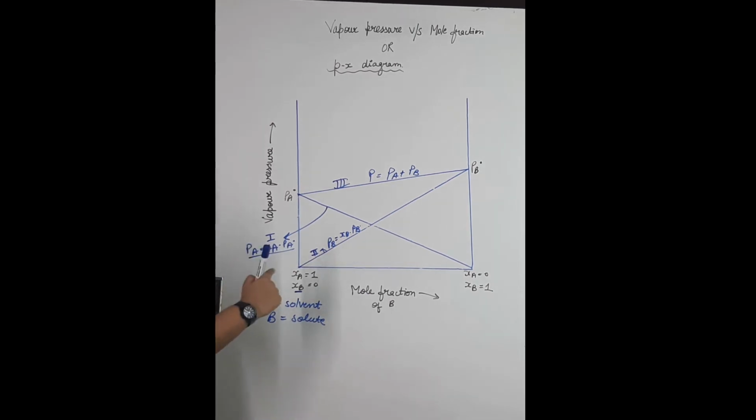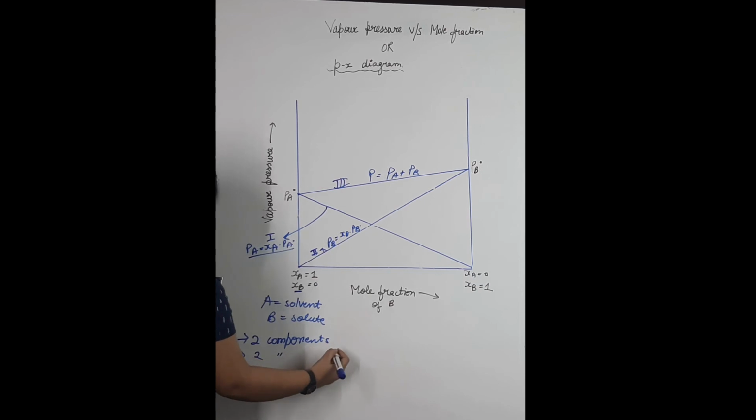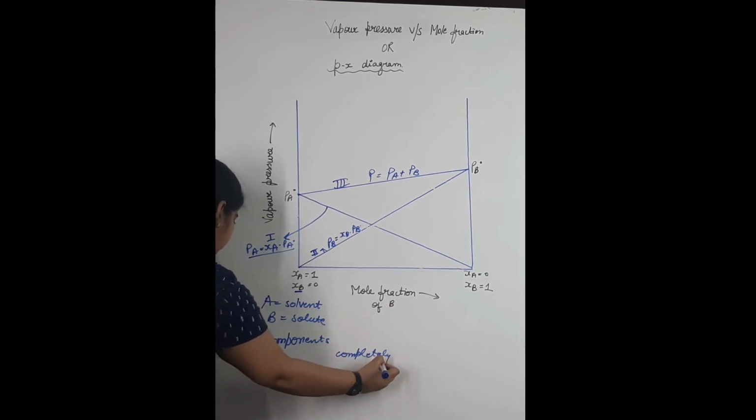So, for Raoult's law to be applicable, the two components form a solution, and the two components should also be completely miscible. This is very important, guys.